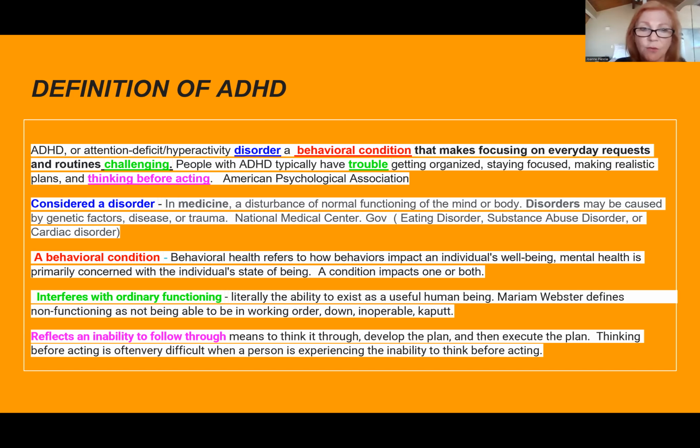And they actually use the word kaput. So you're just not functioning properly. And reflecting an inability to follow through means that I'm not able to develop a plan. I'm not able to even think about what really goes into the plan, develop the plan, and then follow through. And again, that can be very minor and it can be very severe. Next slide.